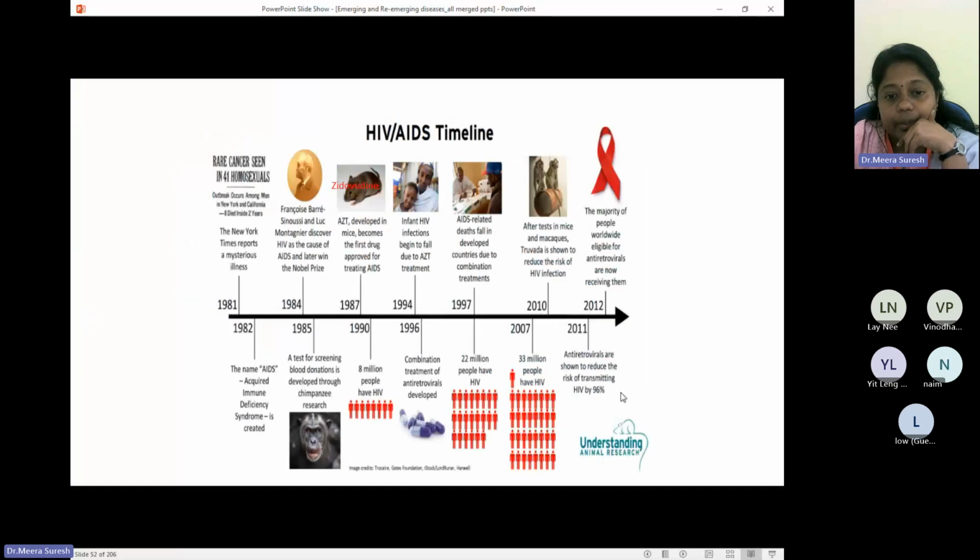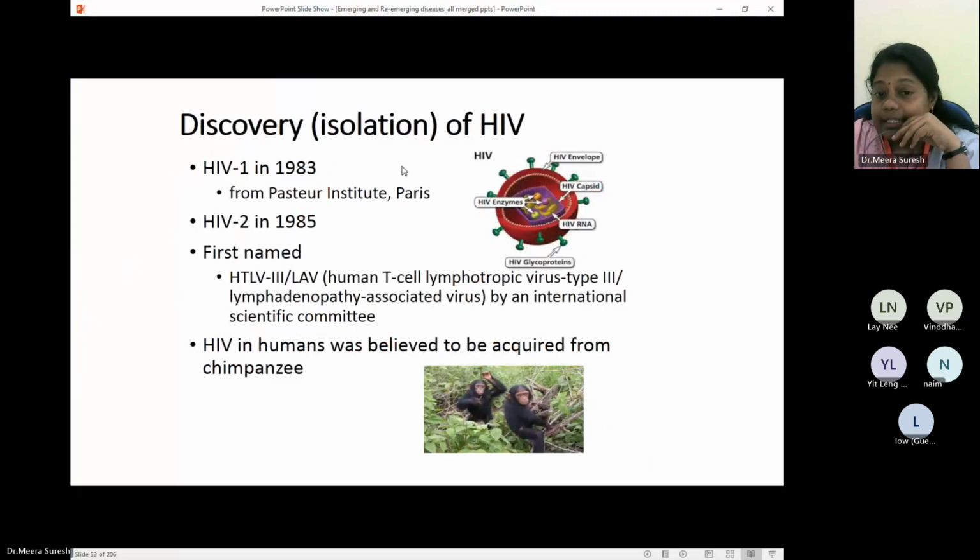So we have the timeline of HIV AIDS. You can go through it later. Isolation of HIV: we have two types of HIV virus, HIV-1 and HIV-2. HIV-1 was discovered in 1983 at the Pasteur Institute in Paris and HIV-2 in 1985.